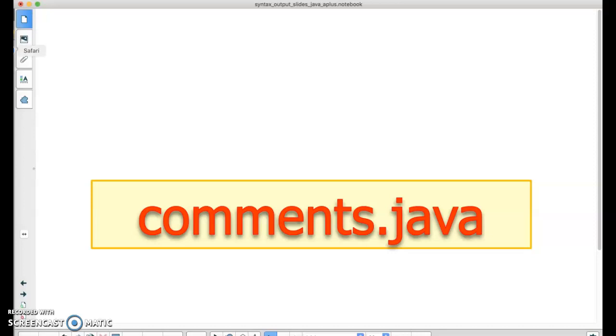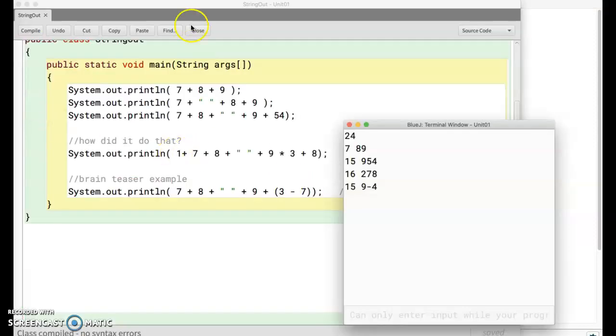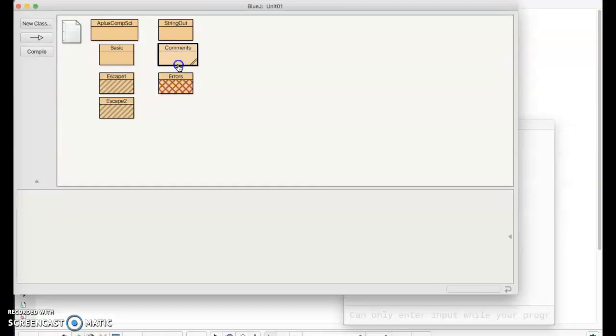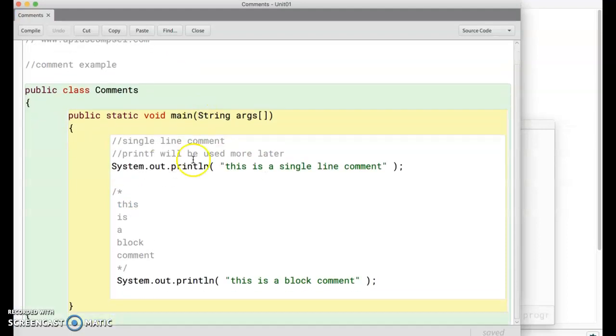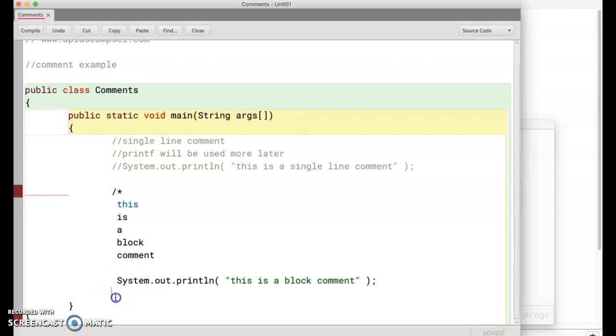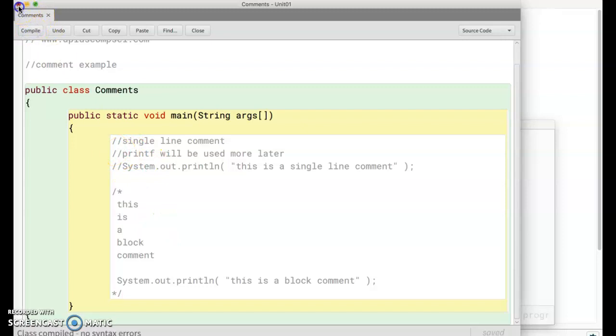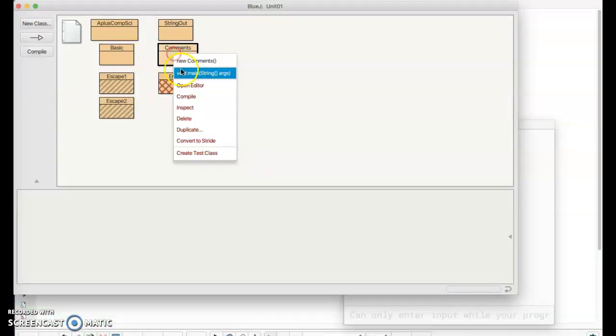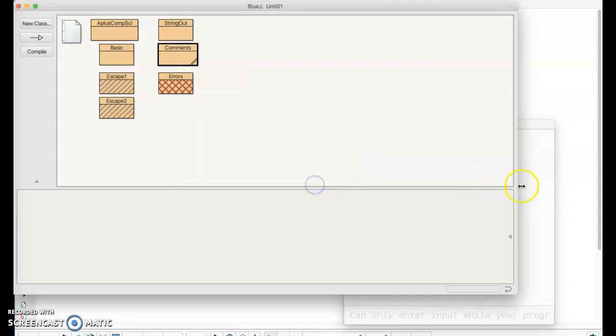So we can just take a look at them. We have just a couple examples about comments. This is a single line. Everything that's grayed out is ignored. So if I run this actual code, nothing happens.